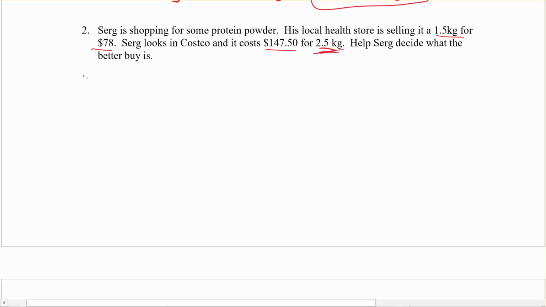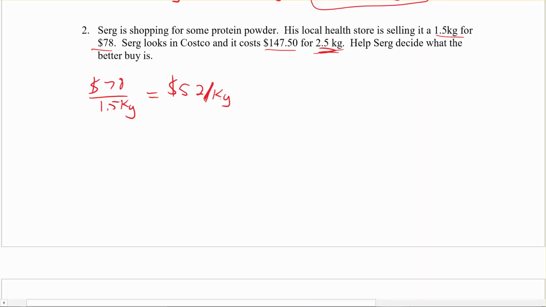The first one was $78 per 1.5 kilograms, dollars per kilogram. When I say per, I'm saying divided by 1.5 kilograms. Let's just figure out what that is in your calculator. Okay, so the first one is $52 per 1 kilogram.